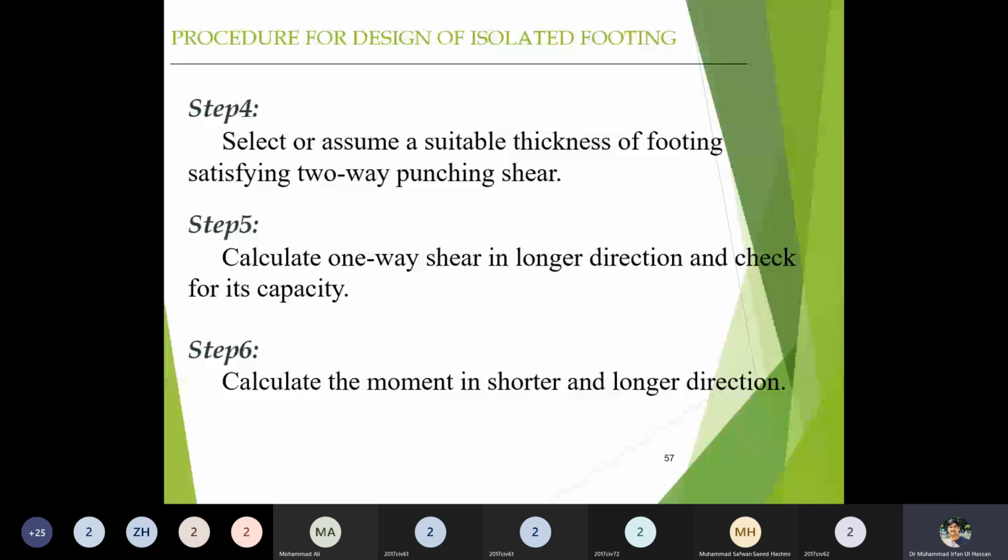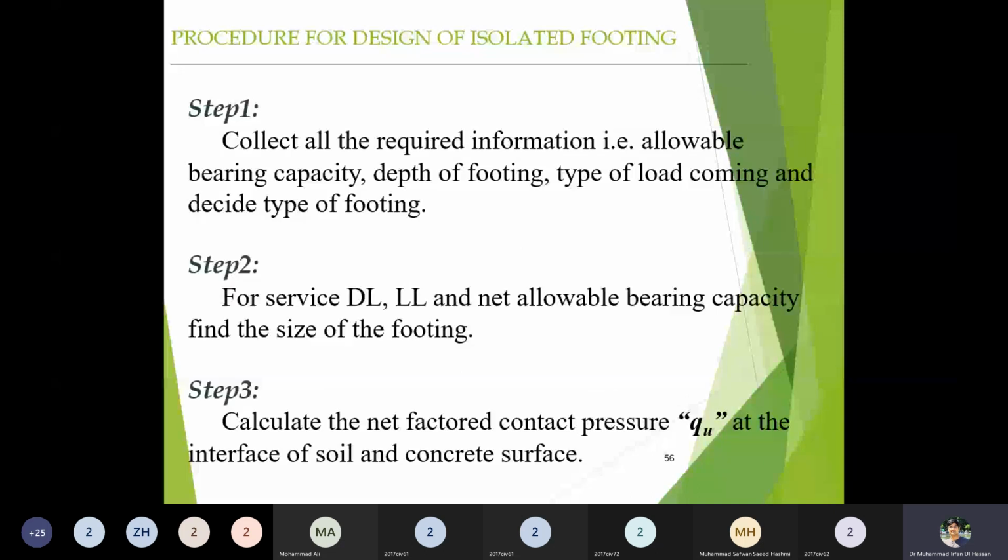Then the steps involved for the foundations. You have to collect all the information: allowable bearing capacity, depth of the footing, type of load coming, and decide the type of the footing. Then, for the service dead load and live load, you compute the allowable bearing pressure and find the size of the footing by the service load divided by the allowable bearing capacity.